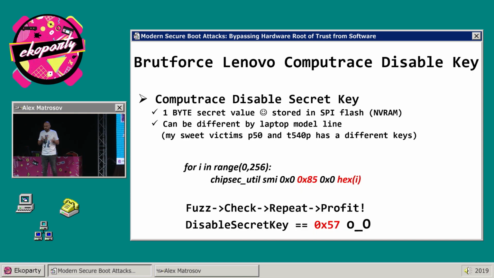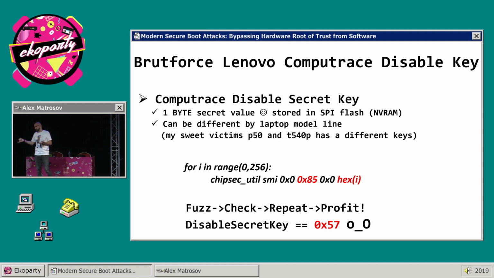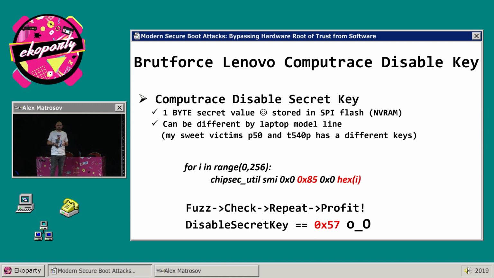Okay, so we have a 1 byte secret key stored in SPI flash in NVRAM. We have different laptops, of course, and some of them have different keys, but I used CHIPSEC, an open source framework on GitHub, to call the SMI handler and check specific values.